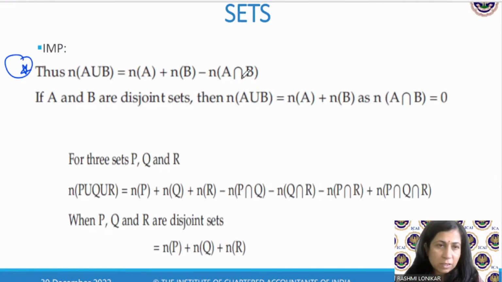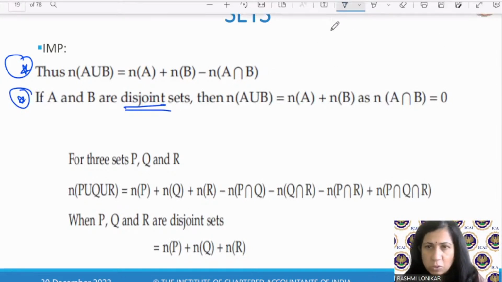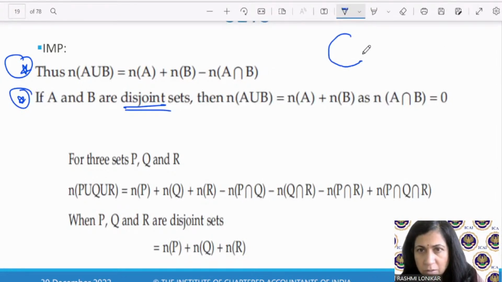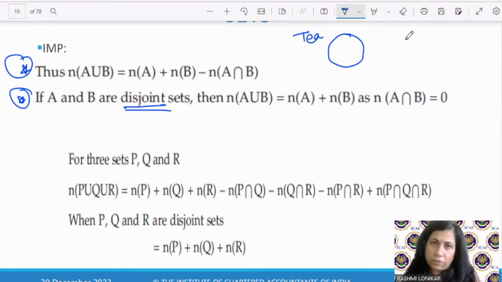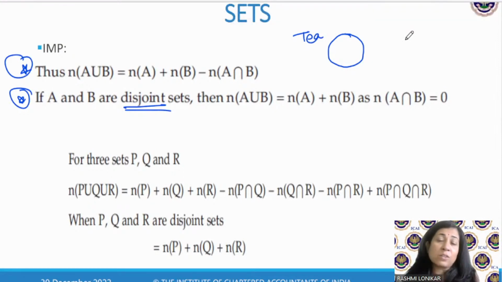Also, this property is important. Okay. If A and B are disjoint sets, means what? Let me show you. Suppose I have people who like tea, then I have people who like coffee. But aren't there so many people who like both tea and coffee? Yes. It's very cold, so I may be ready to drink whether tea is present or coffee is present.